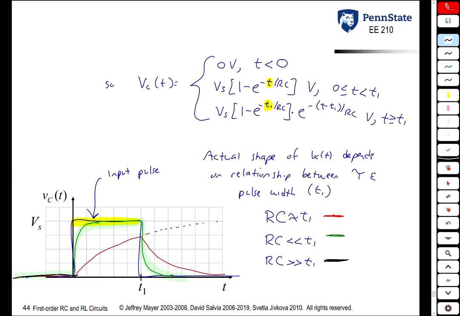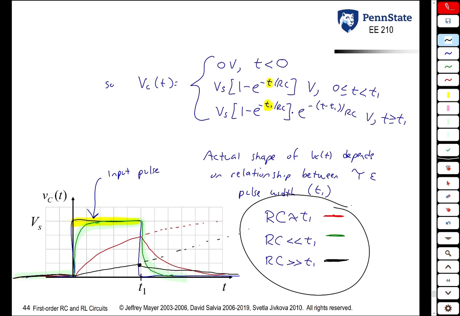But now, as it starts rising, it's not going to get anywhere near its final value before it starts discharging. So what we see here in these three situations is that the actual shape of Vc depends very much on the relationship between the time constant and the pulse width.